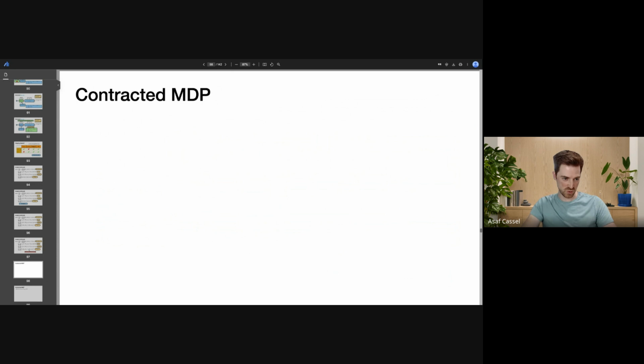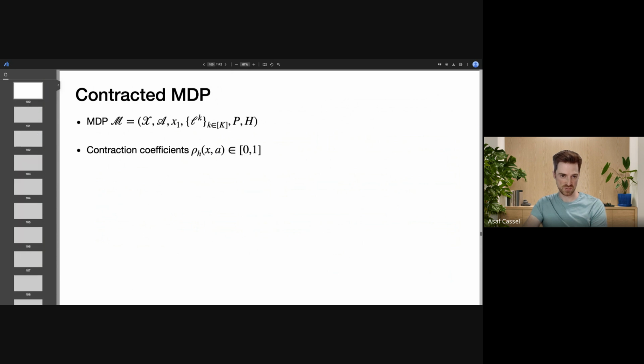Okay, so to understand what we want to do, we'll just define this relatively simple notion of contracted MDPs. For a contracted MDP, we just start with an initial MDP with losses L and transition P. And you have contraction coefficients, rho H of X and A, which just need to be between 0 and 1.